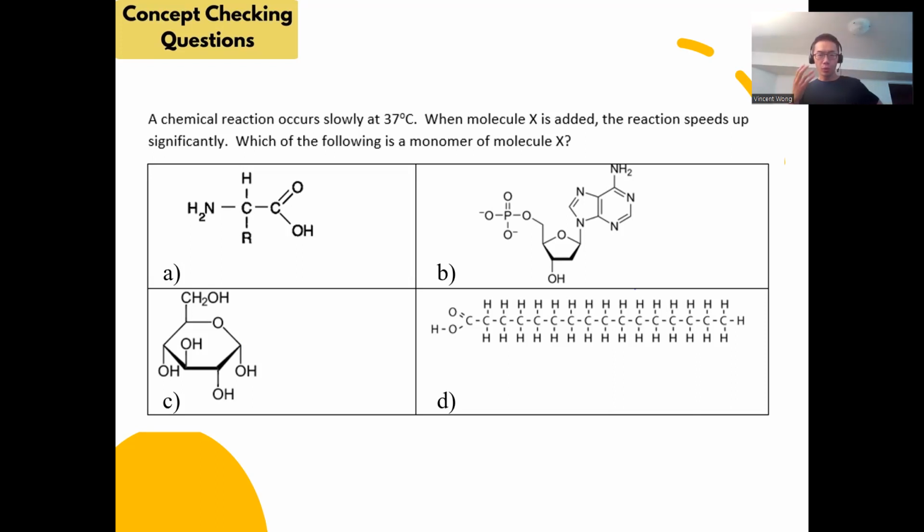To do this question, we have to analyze it a little bit. A chemical reaction occurs slowly at 37 degrees. When molecule X is added, the reaction speeds up significantly. What is molecule X? What have we learned in this lecture that can speed up a chemical reaction?